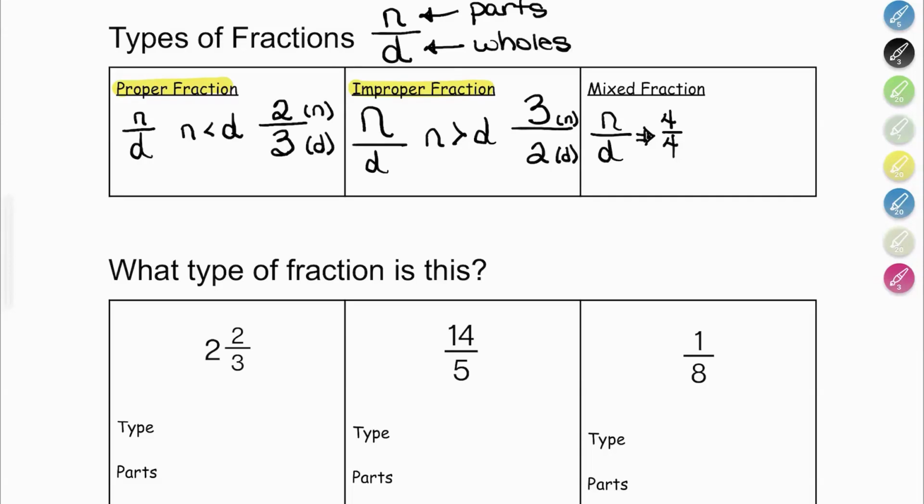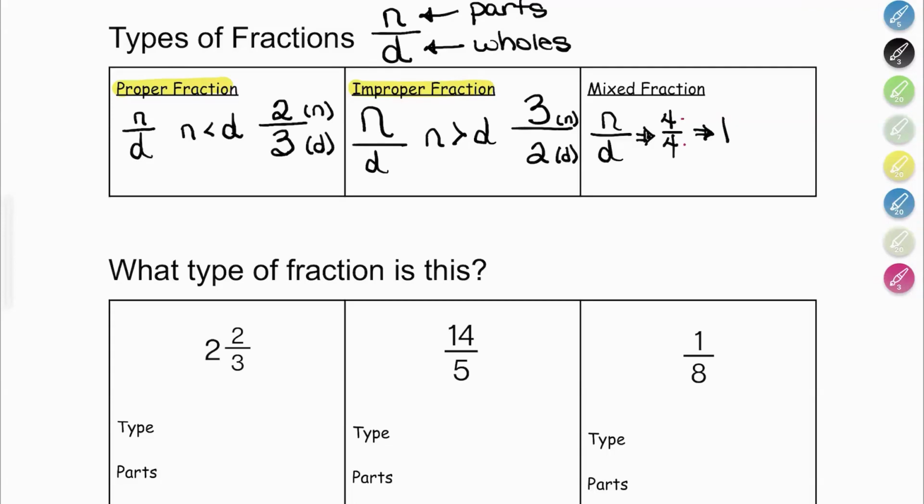So I can see here in this situation that I have 4 parts and I need 4 parts to make a whole. So that is essentially a whole number here, right? I have one whole of whatever it is that I'm talking about because I have the 4 parts out of the 4 needed to make a whole.